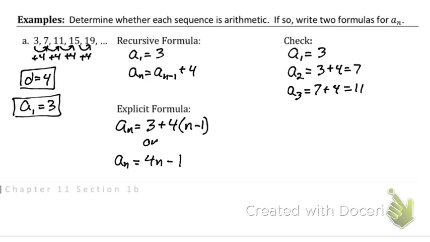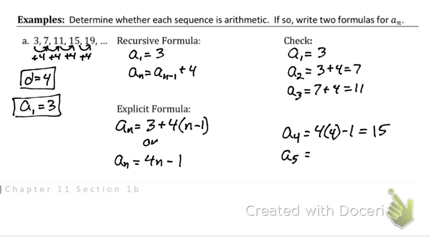To check this one, I just randomly pick out some terms that it should equal. So for example, I might say my fourth term should equal 15. So if I plug a 4 in here, I should get out 15. So a sub 4 is going to equal 4 times 4 minus 1, which equals 15. That is correct. Maybe we'll try the fifth term.